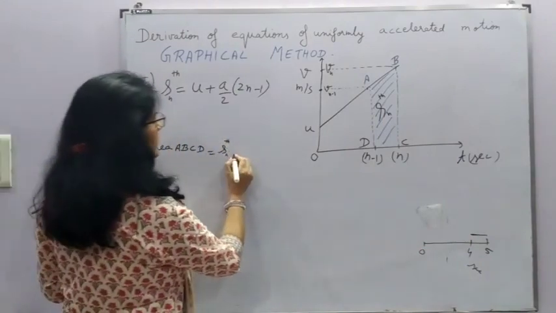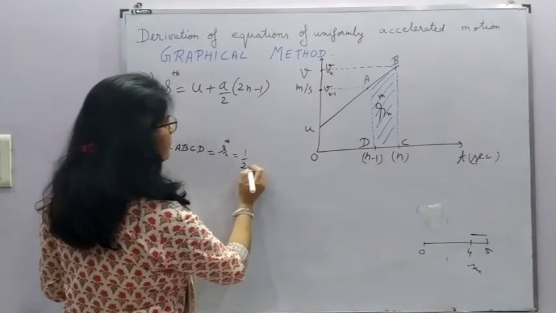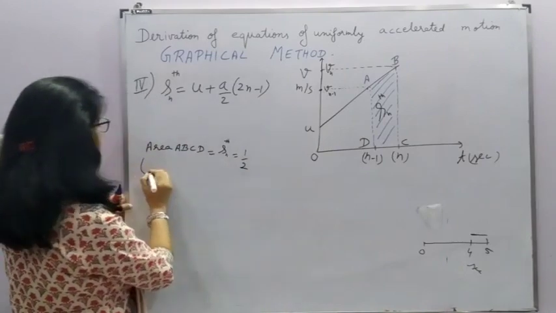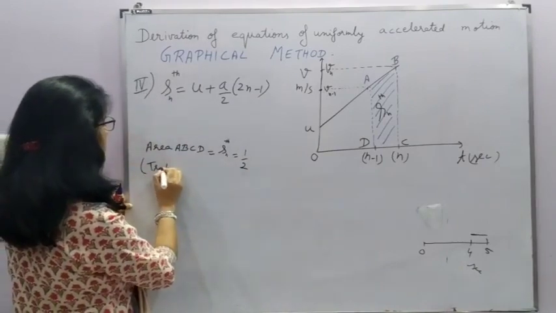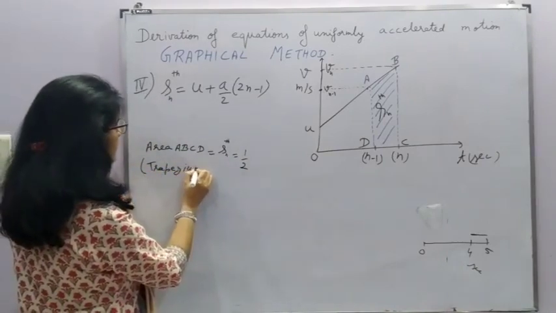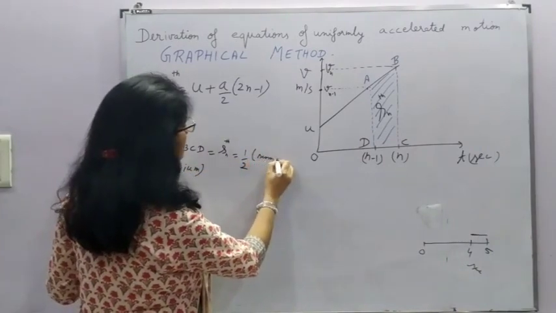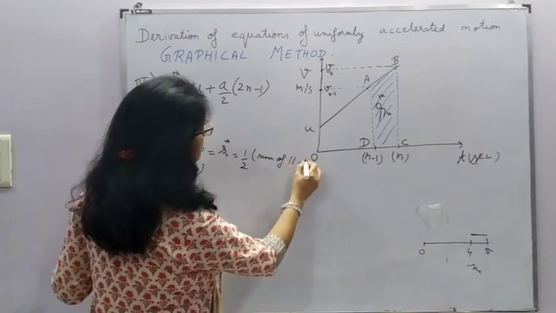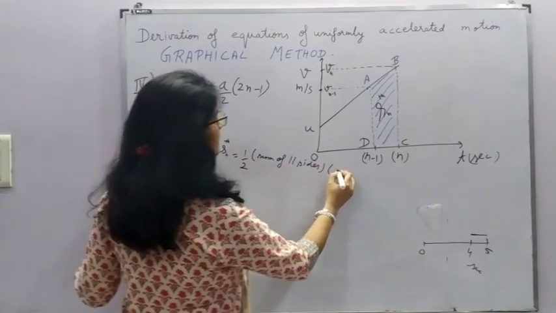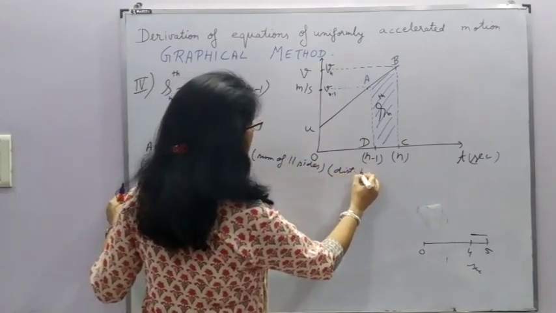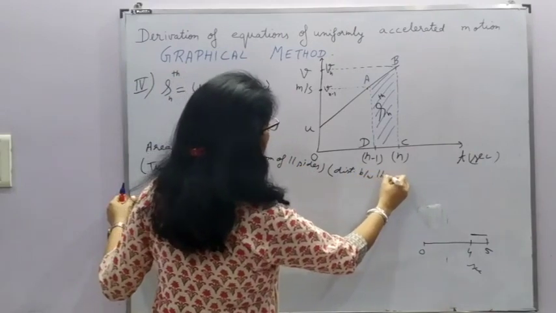So here distance in nth second is half, because this is a trapezium, so this is half, sum of parallel sides multiplied by distance between them, right?